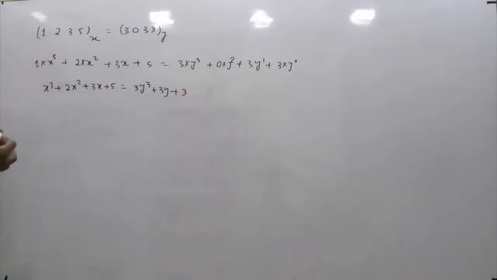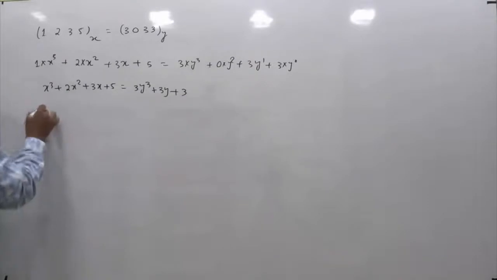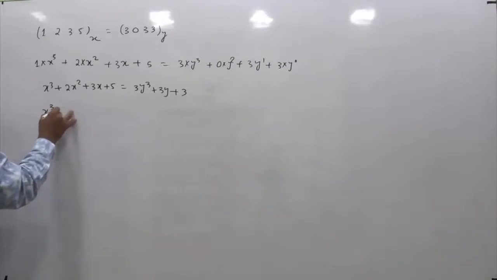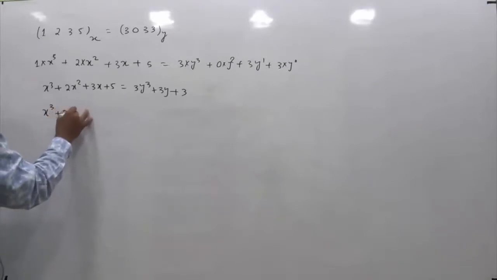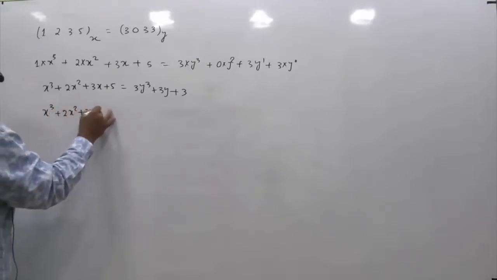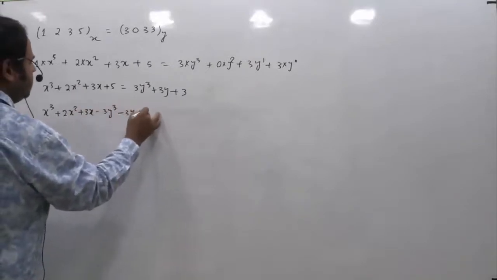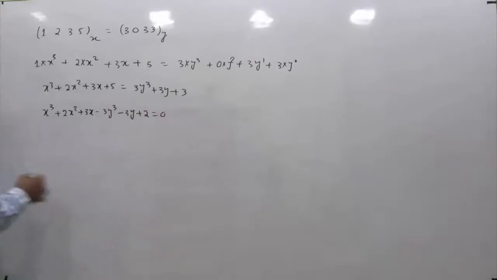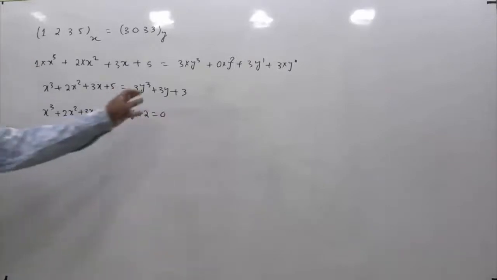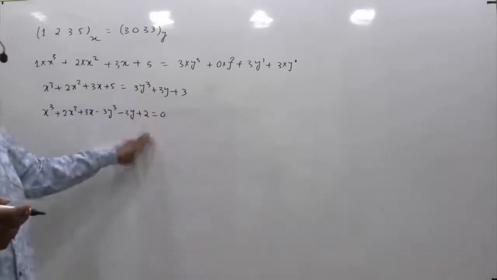This is what we are getting, isn't it? Now if you further simplify this, x cube plus 2x square plus 3x minus 3y cube minus 3y plus 2 equals 0. So I am just bringing everything to this side. So 5 minus 3 is 2, and this will be negative.